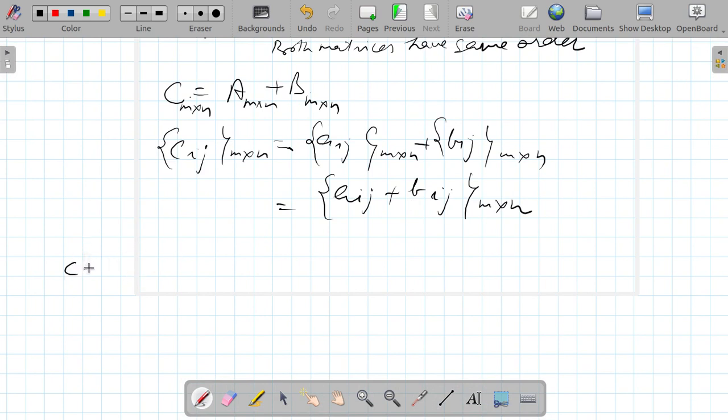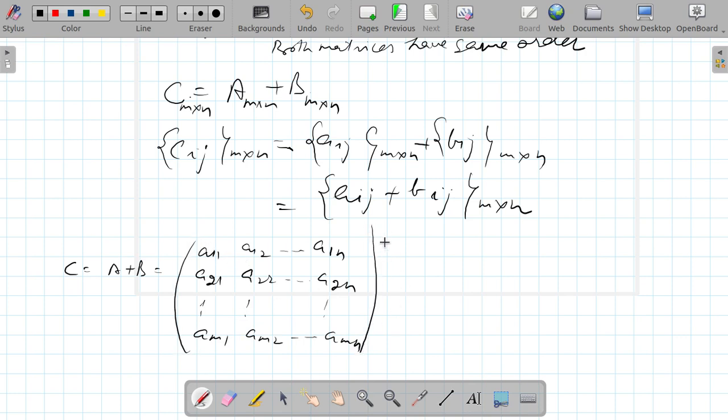Right? So let us try to understand it with the help of a general example. Say C is equal to A plus B. So A can be written as A11, A12, A1n, A21, A22, A2n, and so on, Am1, Am2, Amn.